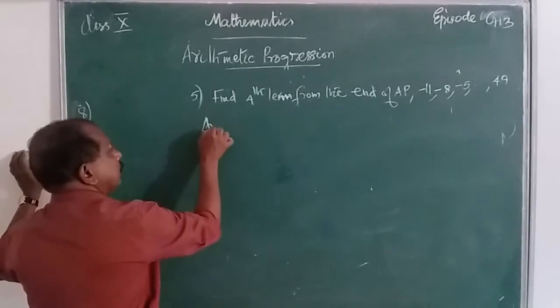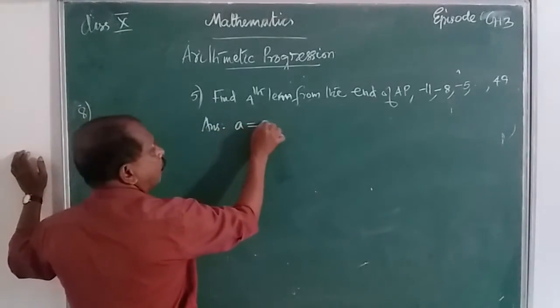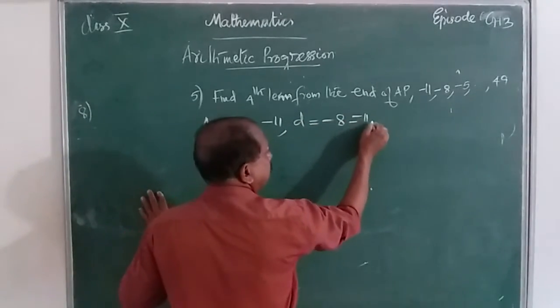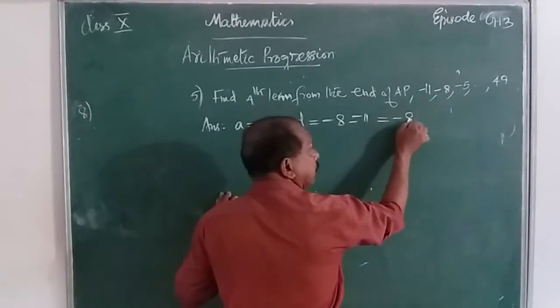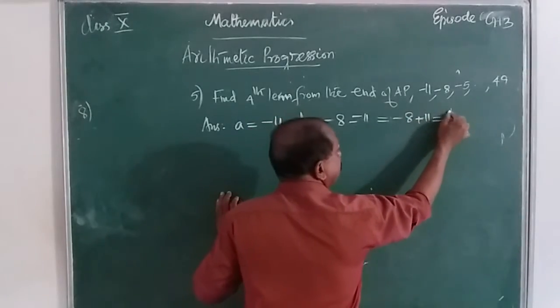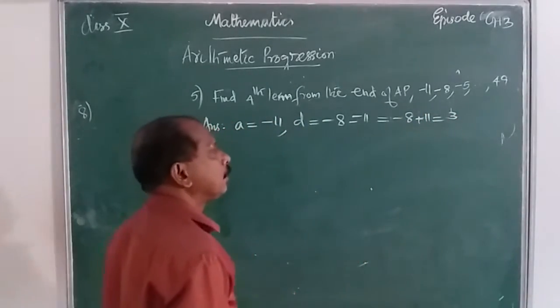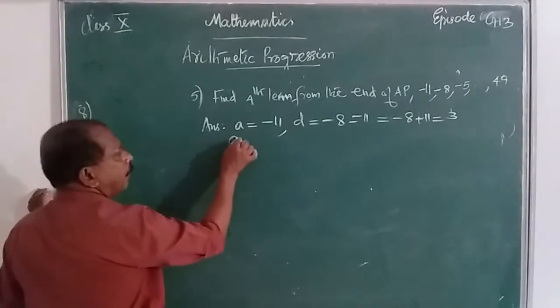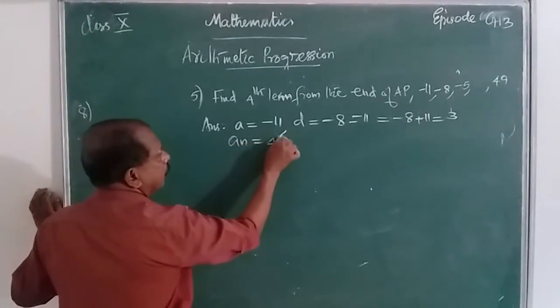Therefore, answer is a is equal to minus 11, d is equal to minus 8 minus minus 11, which is equal to minus 8 plus 11, is equal to 3. That is an increasing sequence. Then last term l is equal to 49.